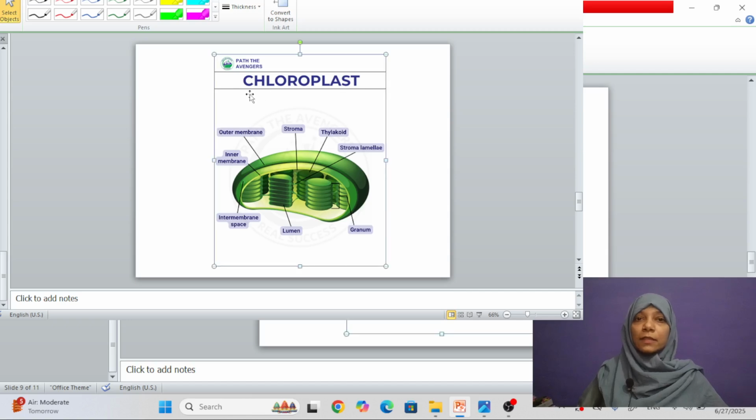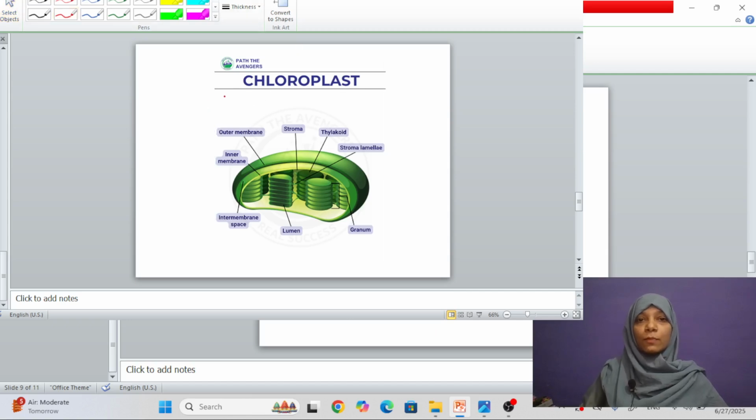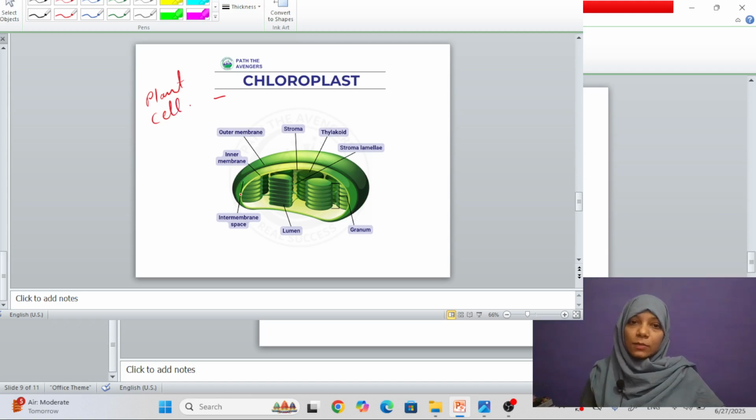Then here is the structure of the chloroplast, which is present in plant cells. It is made up of two membranes. The first is the outer membrane, this one, and the second is the inner membrane. In between there is an intermembranous space. Inside this there is stroma, which is the liquid portion of the chloroplast, and there is also some membrane, which is called the internal membrane.